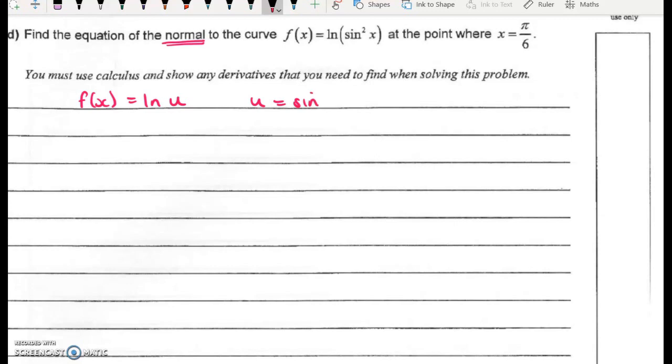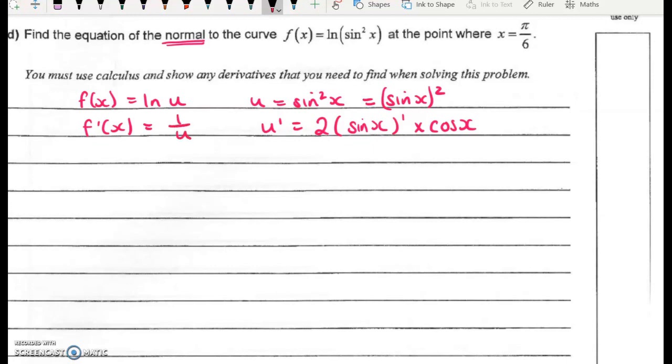So we have u is sine squared x, which is actually equal to sine x squared. Sometimes it's easier to think about it like that. So the derivative of sine x squared, this is chain rule, so 2, reduce the power to 1, leave the inside unchanged, multiply it by the derivative of the inside, which is cos x. Now, the derivative of f of x will be 1 over u.